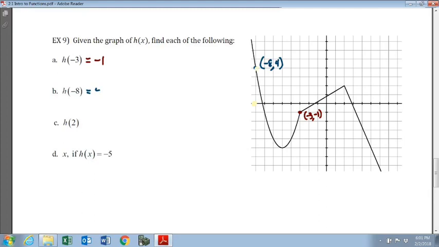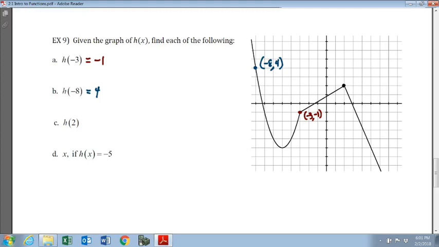Notice that the graph is up 4. Sorry about this, I lost something here, but let's make that into a 4.